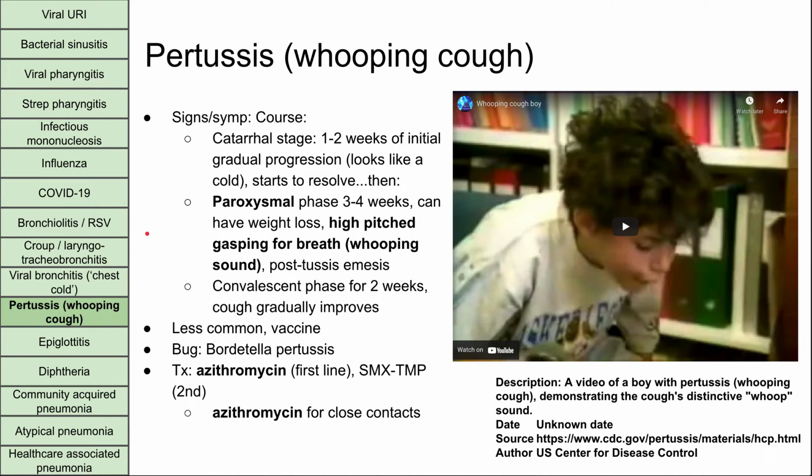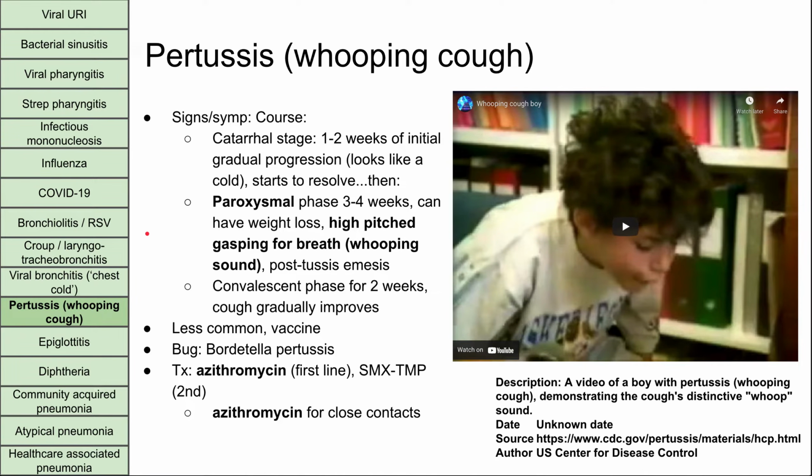Next is pertussis or whooping cough. The signs and symptoms here can be broken down by course. At first, a patient will have a catarrhal stage. This is the first week or two where they have gradual progression of what looks like a cold. Over that first week or two, the cold starts to resolve, and then all of a sudden they enter the paroxysmal phase. This is at about 3 or 4 weeks.